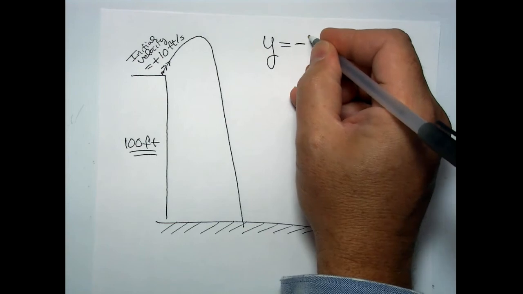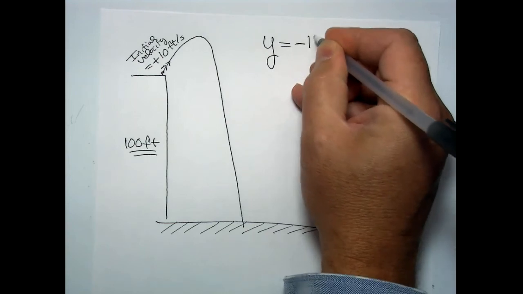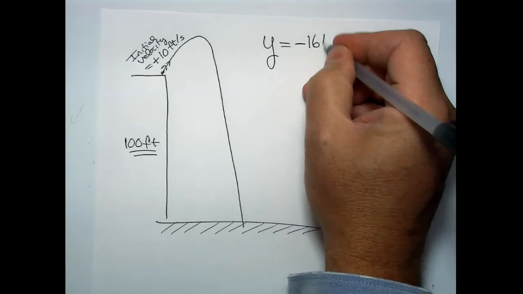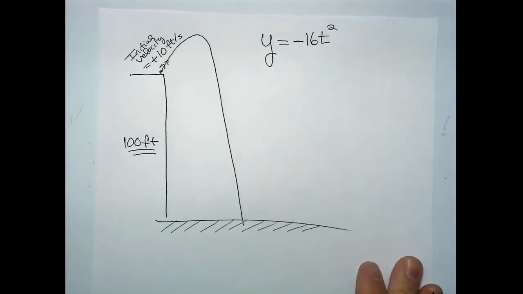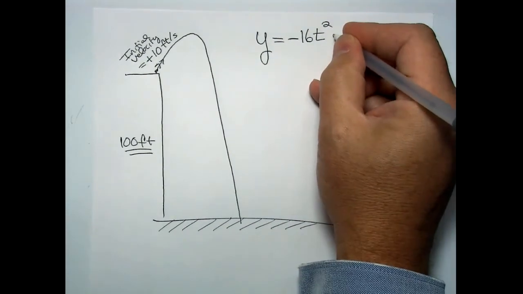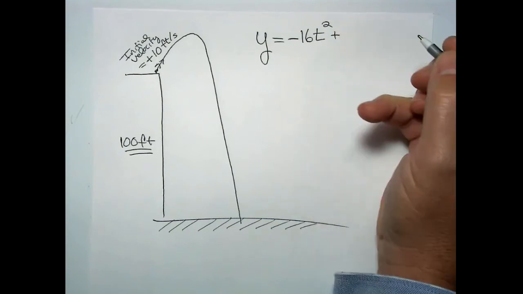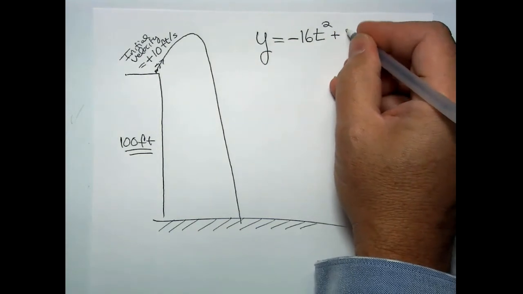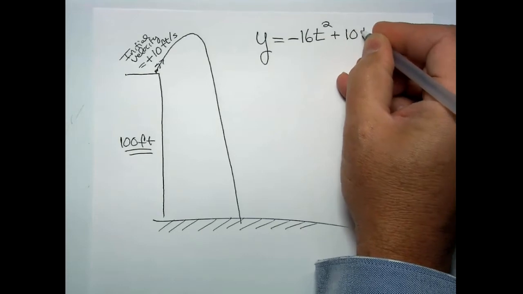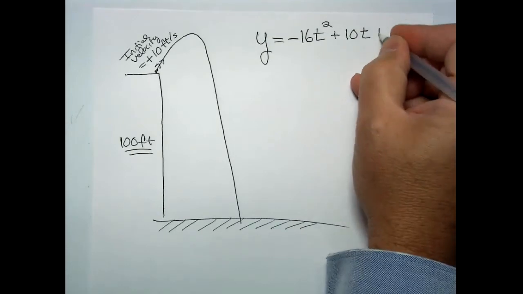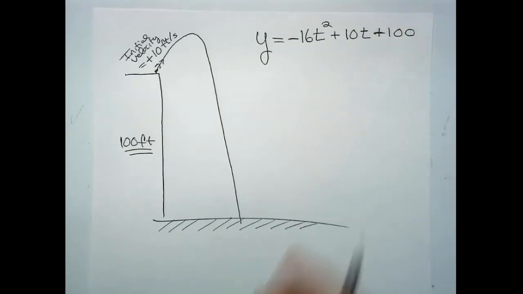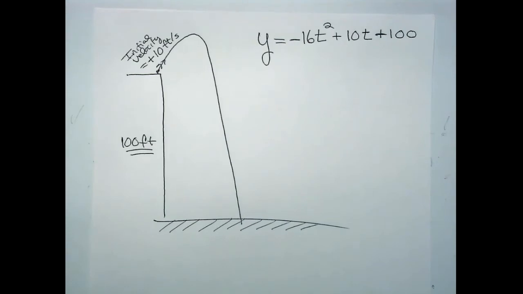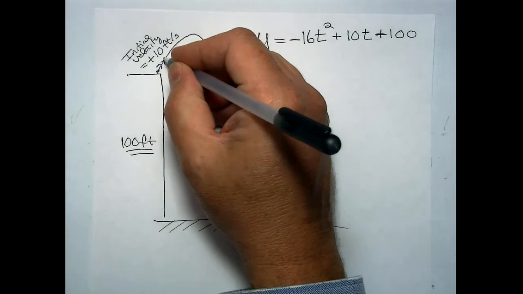It's going to be minus 16t squared plus 10t plus 100. Now, I don't want you to just accept that on faith. By the end of this problem, you'll realize that that exactly describes the height of this particular object.